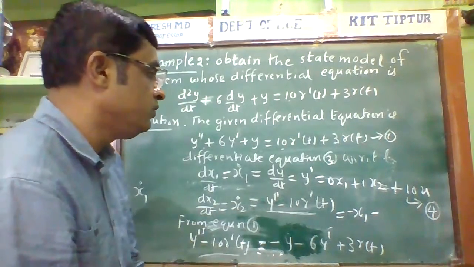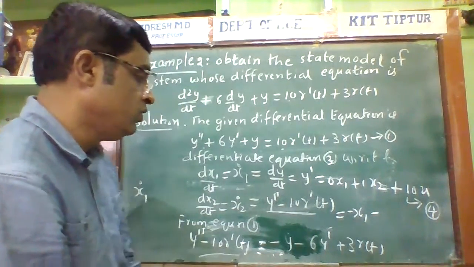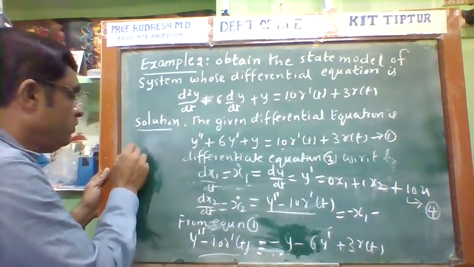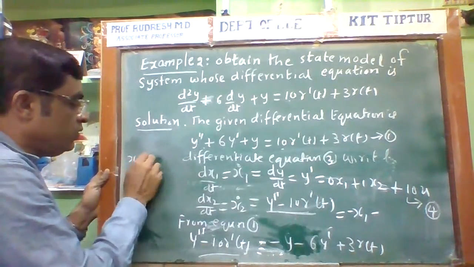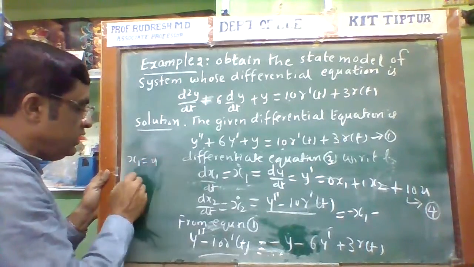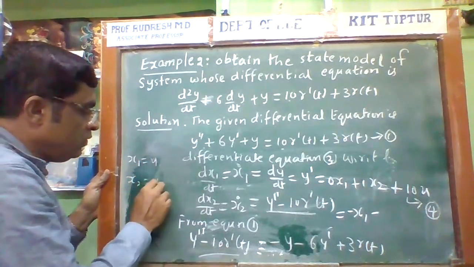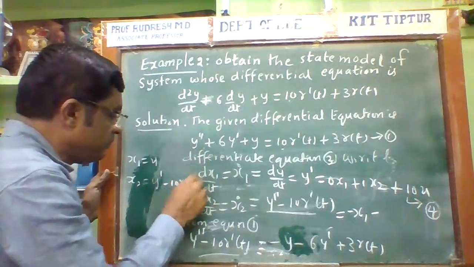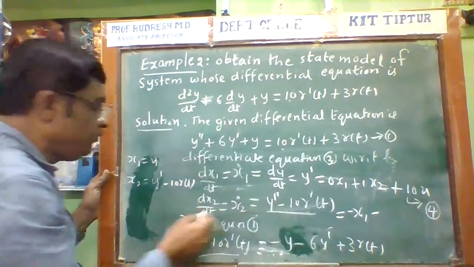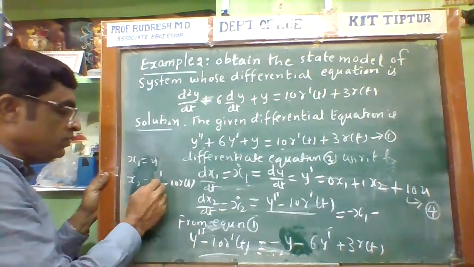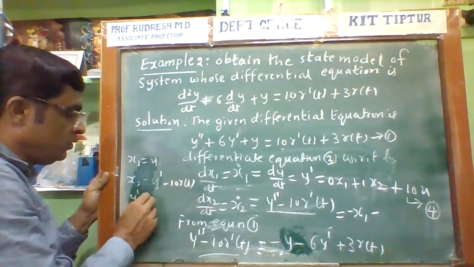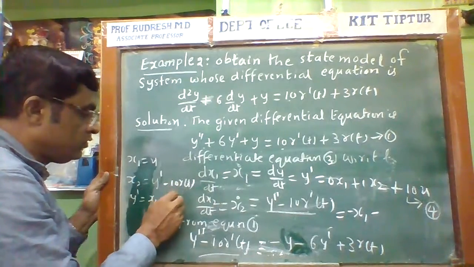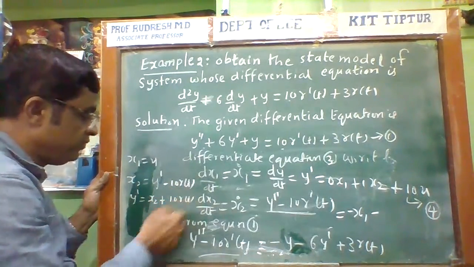Now what is this y dash value? I have assumed x1 is equal to y, x2 is equal to y dash minus 10 into r of t. Now what is the y dash value? I have assumed this. Therefore, y dash value is equal to x2 plus 10 into r of t.